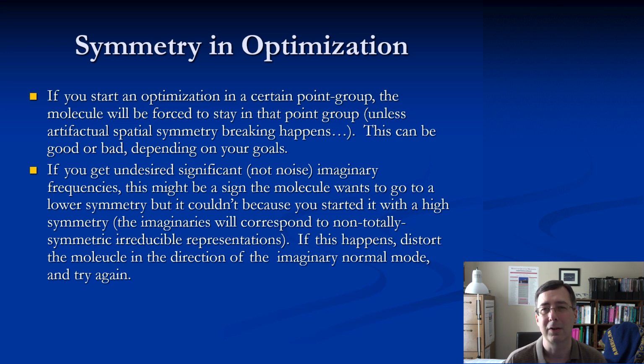If it's a water molecule, you want to keep the OH bond lengths the same because they are the same in the real molecule. On the other hand, if it's some unknown molecule you're not familiar with and you're optimizing the geometry and you guess certain coordinates have equal values, you may or may not be right about that. And the program will stick with whatever symmetries you give it.